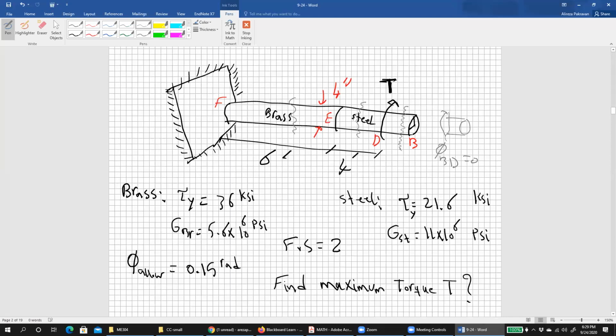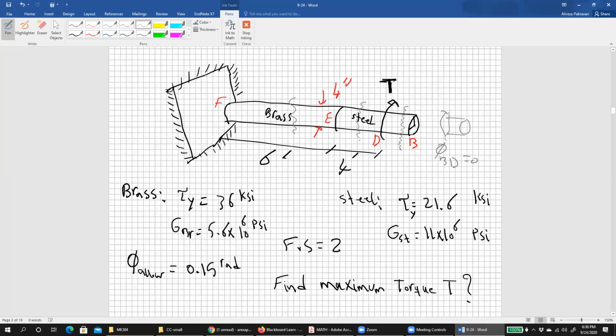In this problem, you don't need to make each one separately. It's very simple. If you make a section here, the torque would be equal to this torque. If you make a section after E, there is no torque between here, and because of equilibrium, the internal torque for any point after D would be the same.